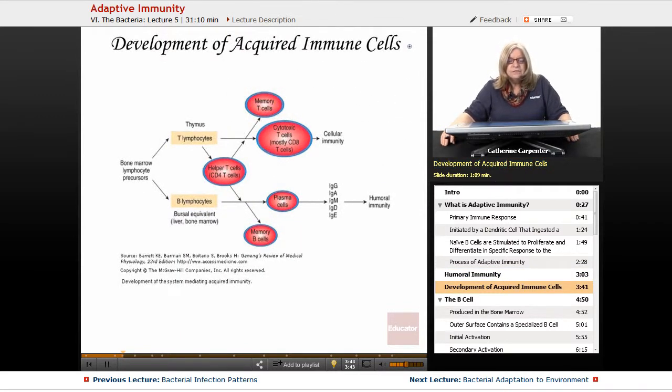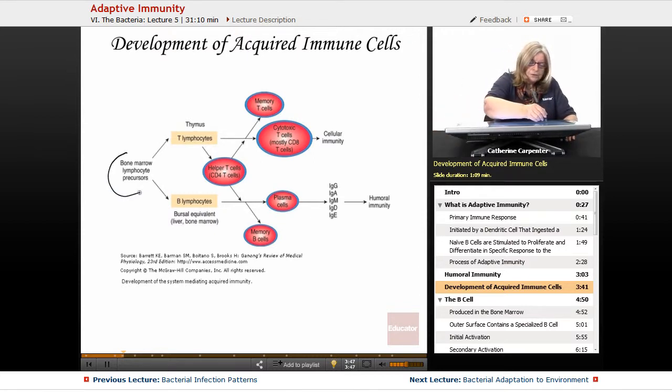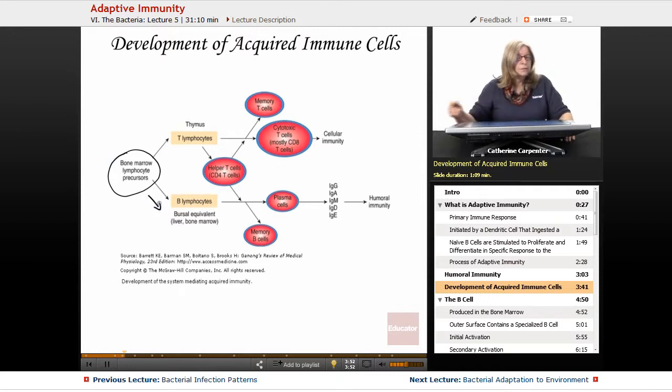So in terms of development of these immune cells, you can see we have our bone marrow precursor. And in this lecture we're going to talk about the B lymphocytes. A nice way to remember B lymphocytes is to think of B as representing bone marrow. They also are aligned with the bursa. They can come to us from several places, but once they get to that precursor stage, basically they reside in the lymph nodes.